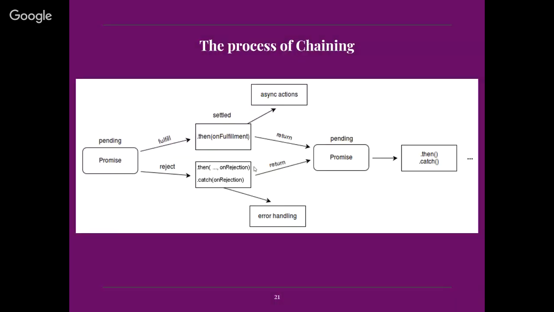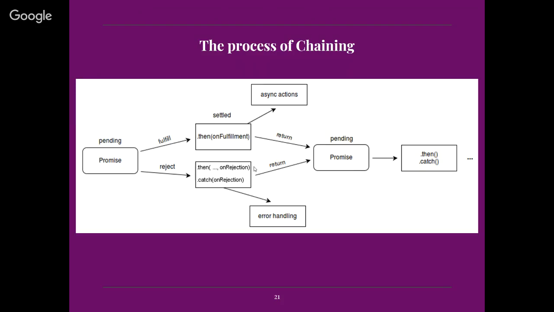So now, this is a graphical illustration of the process of chaining. Here we see how the initial promise flows into the then method or the catch methods, which perform some kind of operations depending on the outcome and then return the results, which flow into another promise that produces some kind of result, which is obtained by the next set of then or catch methods, depending on the success of the code in the executor function.